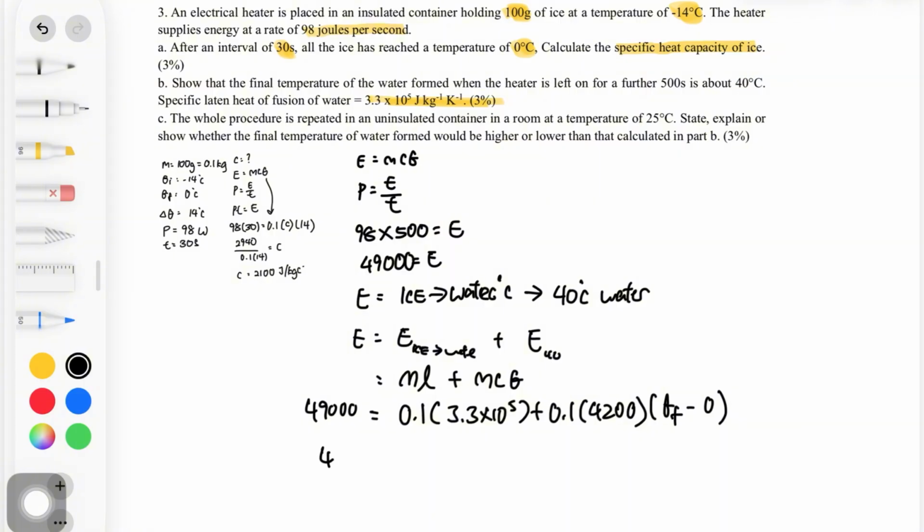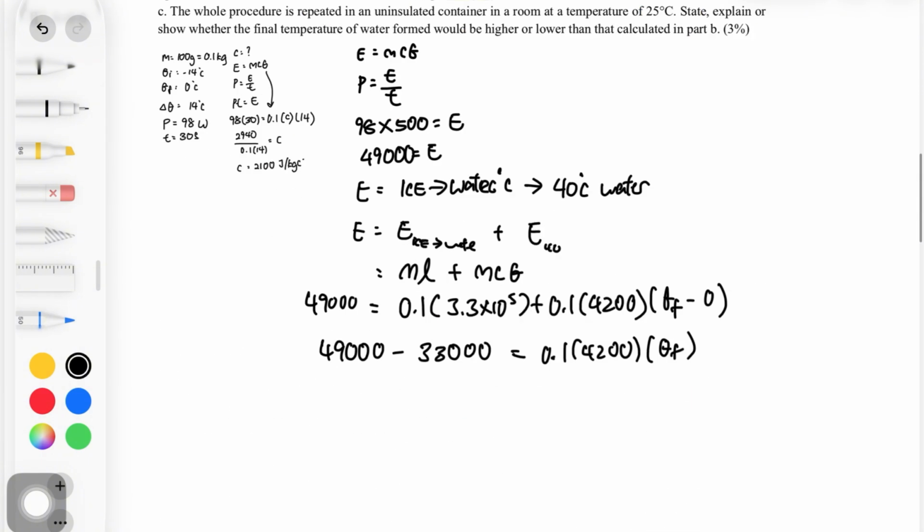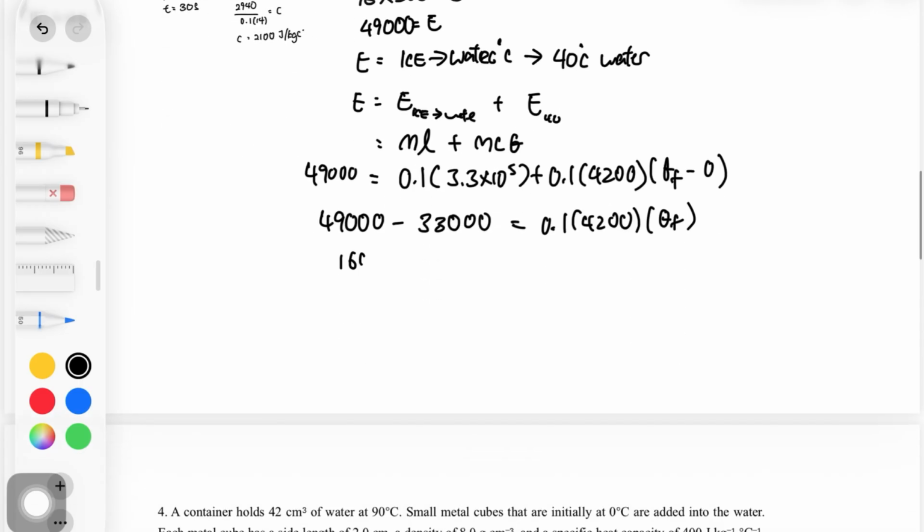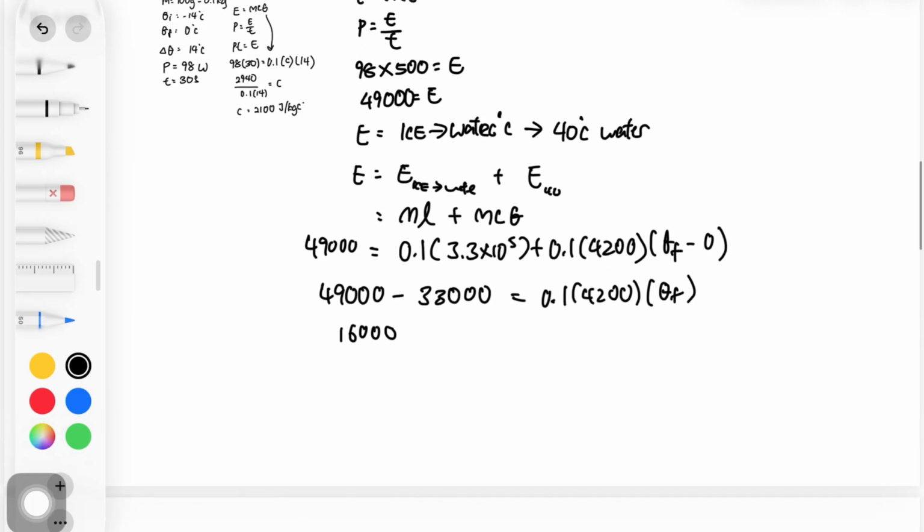So 49000 minus 0.1 times 3.3 times 10 to the power of 5, which is around 33000, equals 0.1 times 4200 times the final temperature. So 49000 minus 33000 is 16000.